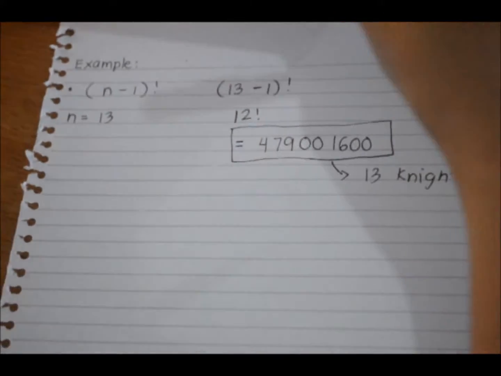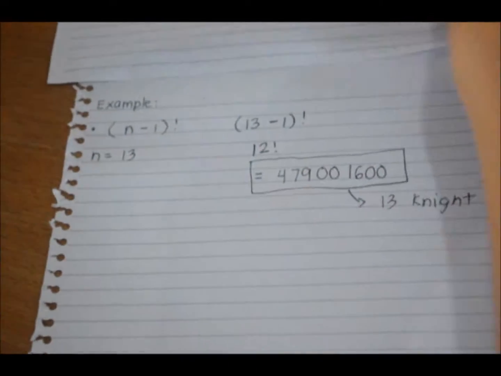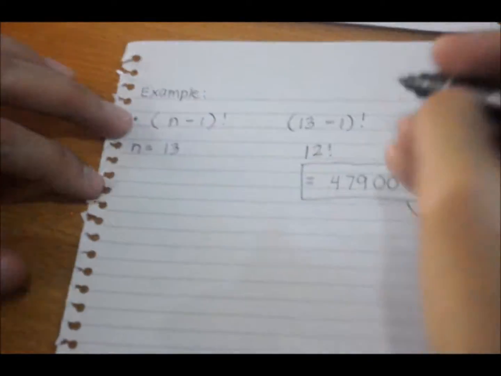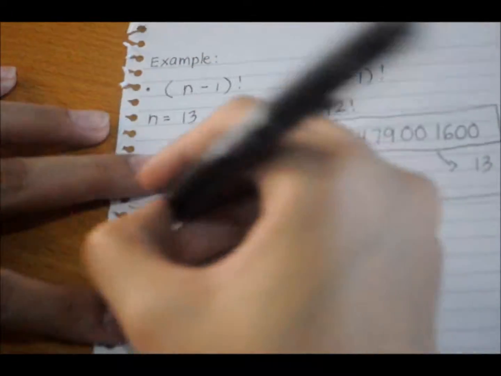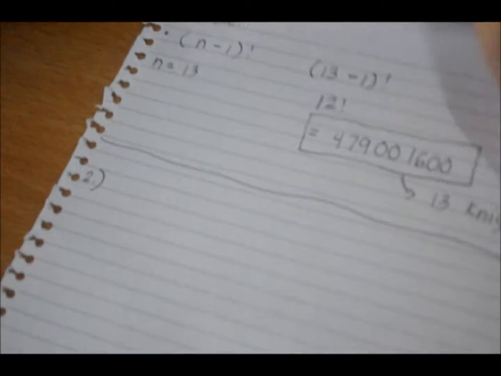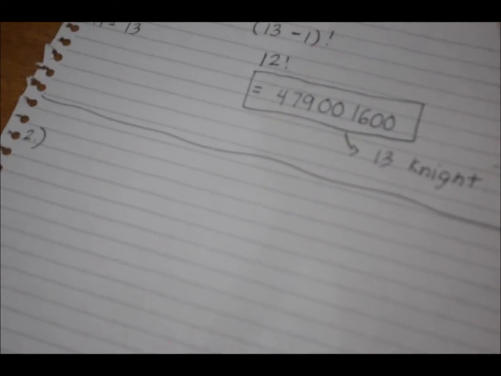Number 2. There are 4 persons sitting in a line, in a row.